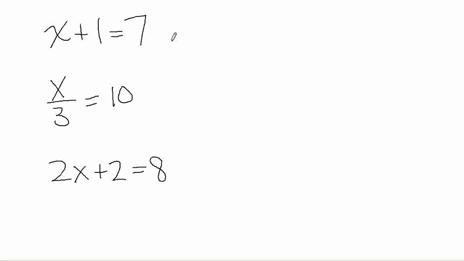Okay, so I'll go ahead and tell you what all the mystery quantities are. So for the first one, 6 will work, because if I add 1 to 6, I get 7, right?